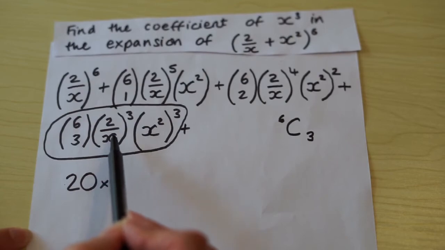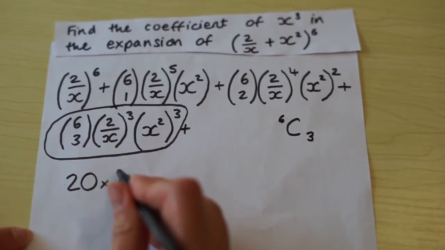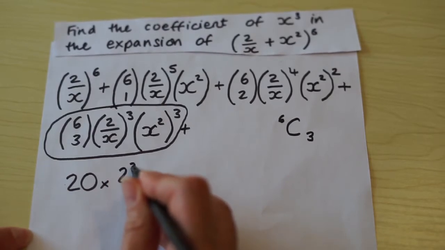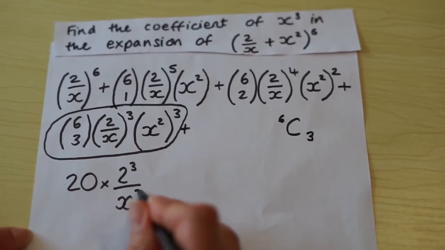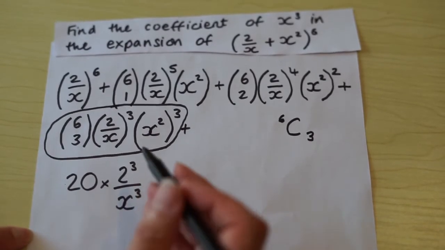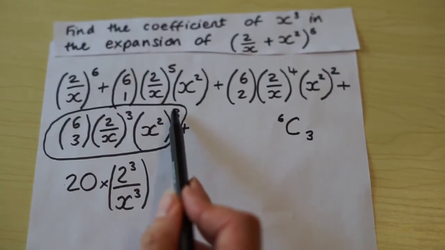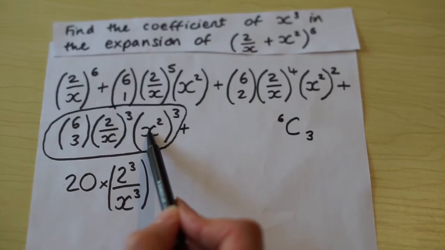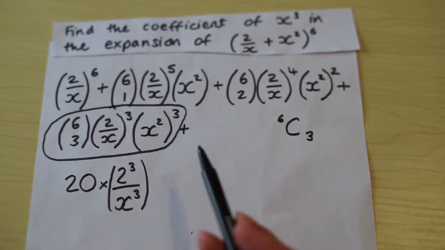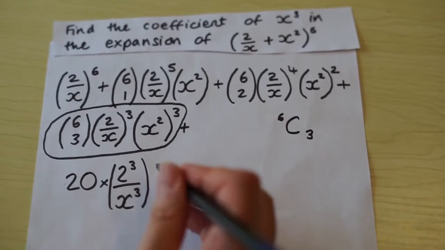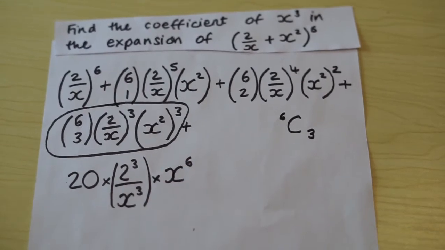Everything in the bracket has to be raised to the power 3. So 2 cubed, and x cubed goes in the middle there. In this case, if x is raised to one power and then the whole thing is raised to another power, we have to multiply the powers. So that results in that.